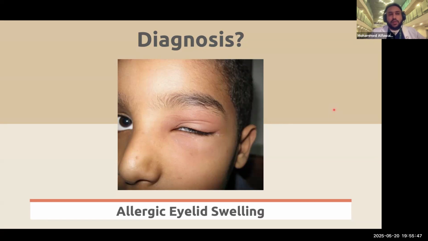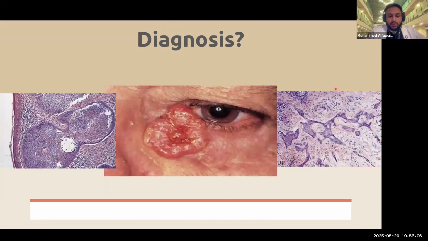Allergy. So allergic eye swelling. Usually it's a patient with atopy, has other allergic symptoms, for example rhinitis, eczema, asthma, and then due to the specific allergen, they have allergic eyelid swelling. That's pretty much straightforward.